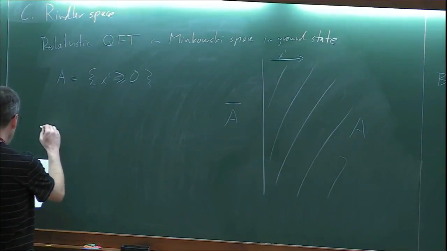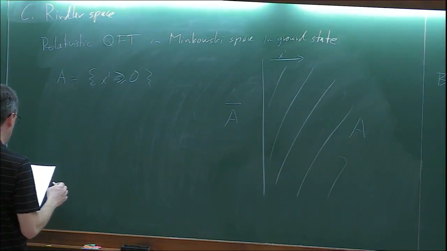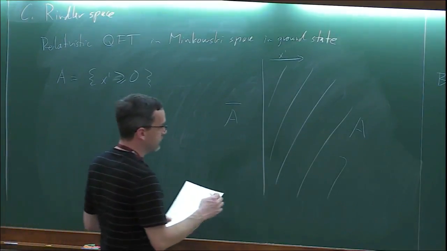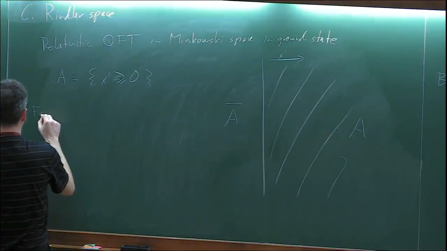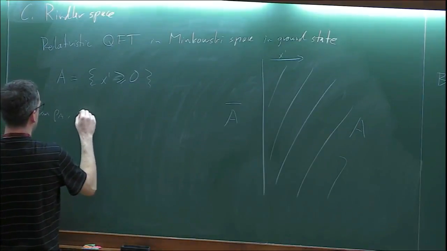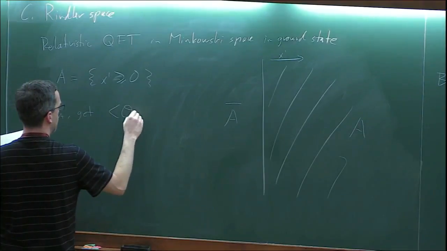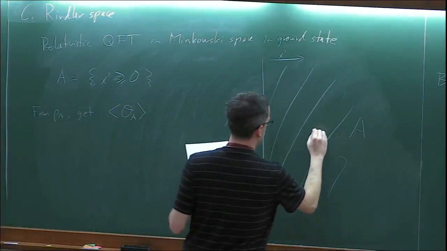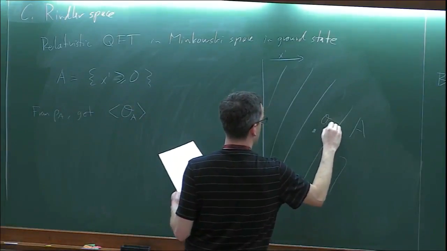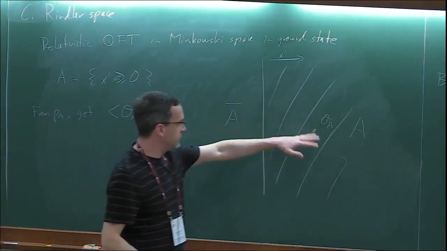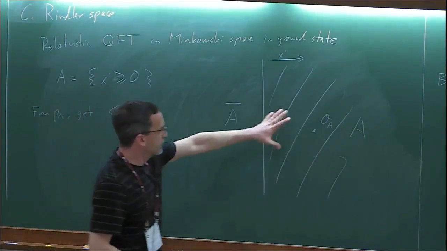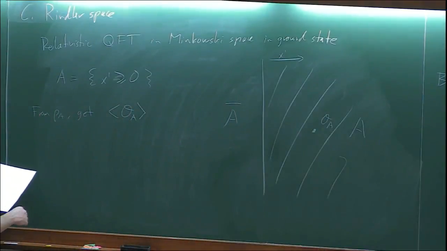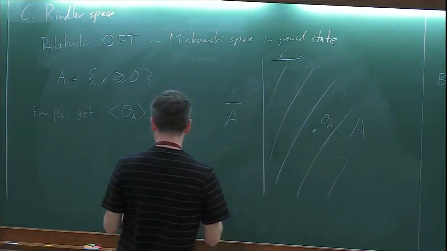So if you had rho sub A, by definition, you get the expectation value for any operator in this half space, and it doesn't have to be local, it could be some product of local operators or anything you want, but not just there.